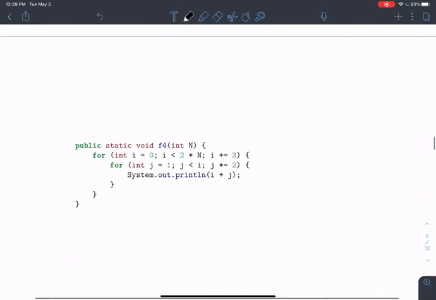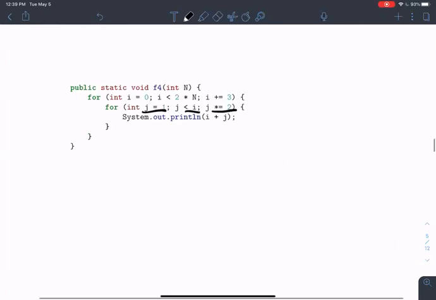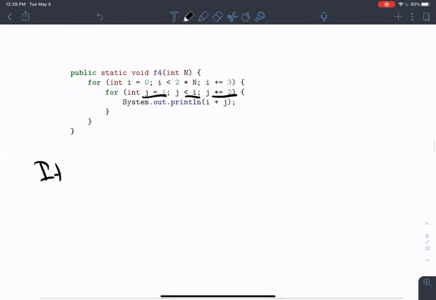All right. So F4, we have something similar, except now we replace our inner loop with something a little bit different. It's j equals 1, j less than i, and then j times equals 2. So we're going to do the same thing where we do our chart.